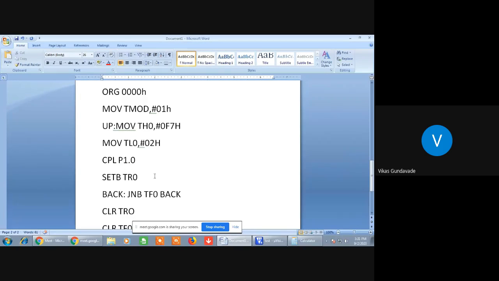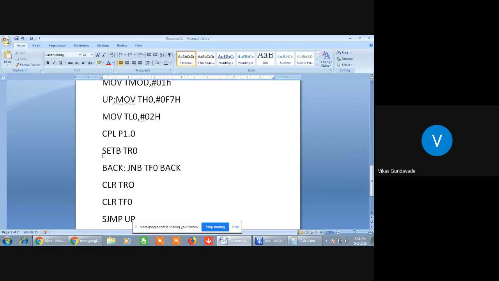And to check this status, we have complemented port pin P1.0. After that, we have started the timer and checked the status of the TF0 bit. Unless and until this TF0 bit is set, we need to wait. That means this delay will get generated here. And the TF0 bit will get set when the count rolls over from FFFF to 0000.